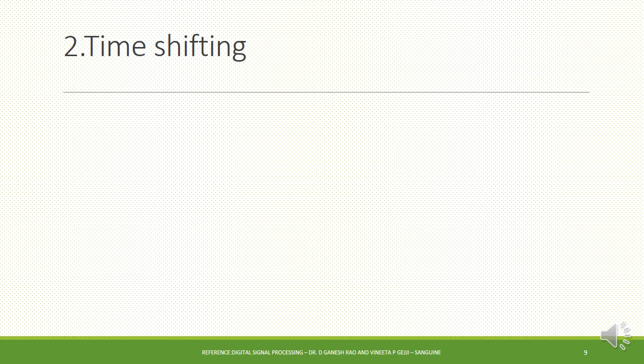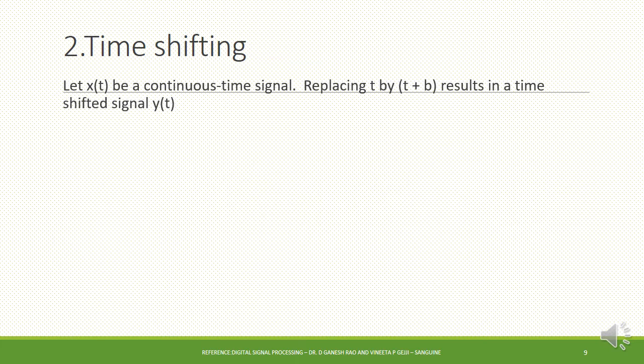So here, let x of t be a continuous time signal, and replace this t value by t plus b. Here t is shifting by b. Then the resultant signal that we get is called a time shifted wave.